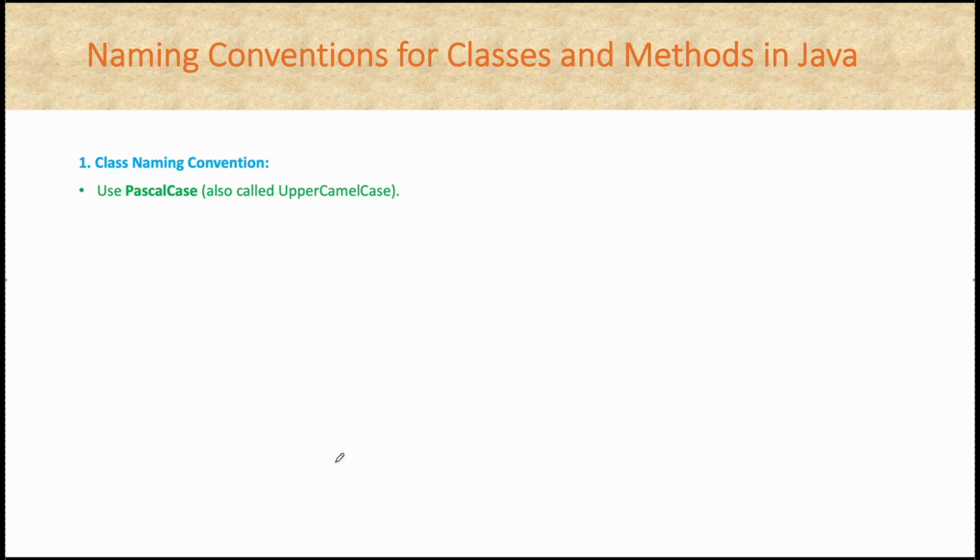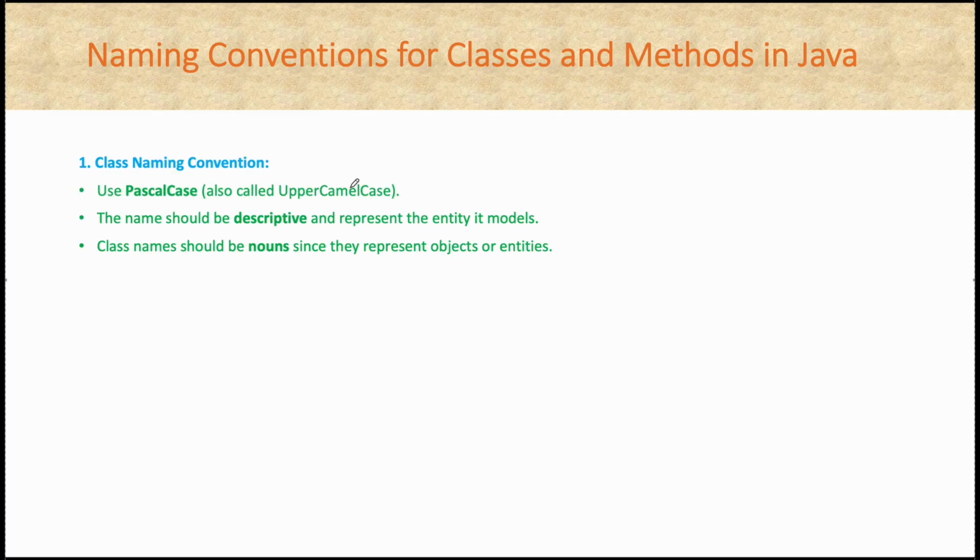Class naming convention. Class names follow Pascal case, or you can say upper camel case. Second, the name should be descriptive and represent the entity it models. Suppose that you want to create a class which is going to return the square value. So the name of the class should be Square or anything similar, but not like this.